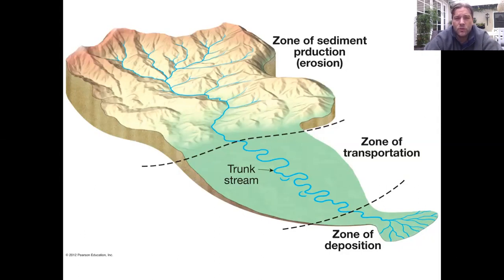Now, when we're thinking about a river, we're going to put it into three sections. So the first section here is in mountainous areas, you're going to have a tremendous amount of erosion. And so you have a zone of sediment production. Well, that sediment then is going to need to get transported. And so then there's this area where there's a lot of transportation, a little bit of deposition.